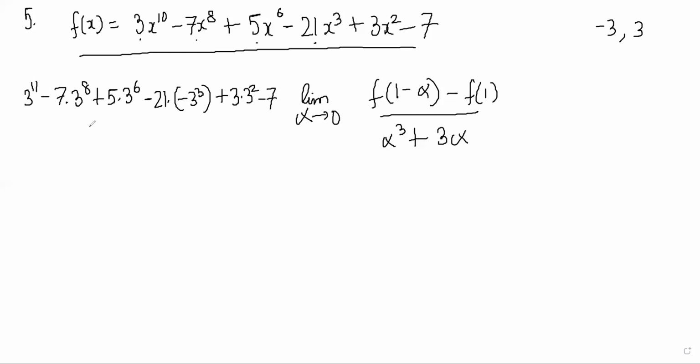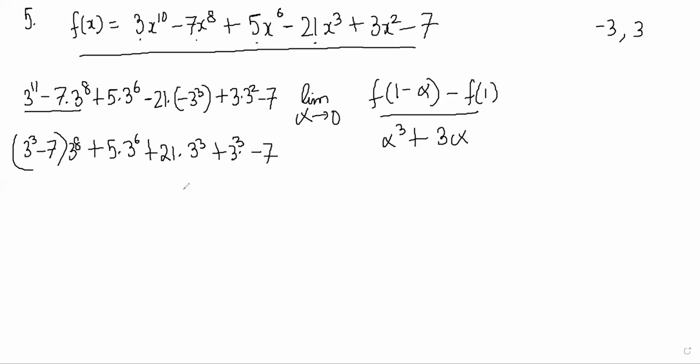So this is 3 power 3 minus 7 into 3 power 8, plus 5 into 3 power 6, plus 21 into 3 power 3, plus 3 into 3 power 3 minus 7. So this is 22 into 3 power 3, and this is 5 into 3 power 6, and 3 power 3 is 27 minus 20 into 3 power 8, minus 7.